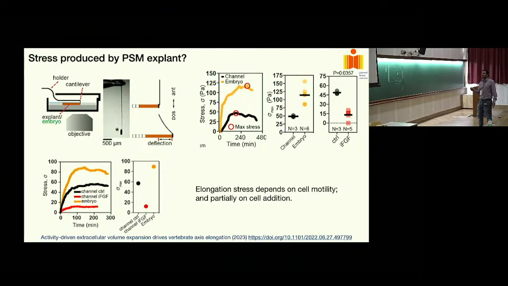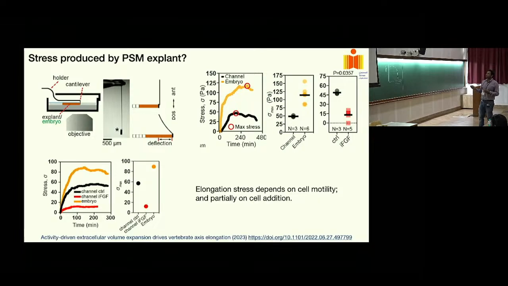The reason is that in one case you are also adding mass. With the PSM explant in a channel, there is no addition of mass, whereas in the embryo there is a constant influx of cells. So the stress applied by the PSM in the embryo is much higher compared to that applied by a PSM explant.